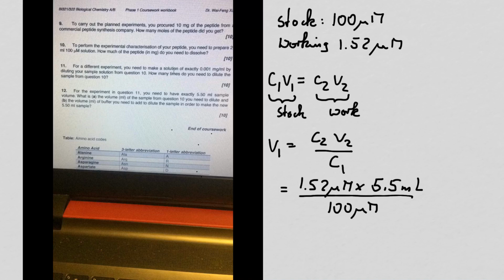That was the concentration of our stock solution, and that gives us 0.084 milliliter of the stock solution.